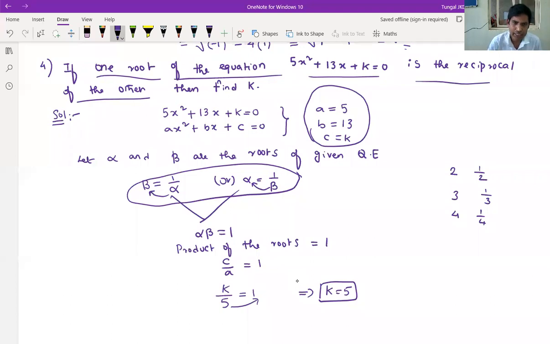Cross multiplied, we get alpha into beta is nothing but 1. Alpha into beta is the product of the roots only. What is the product of the roots formula? C by A, which is nothing but k by 5. So the k value, cross multiplied, will be 5. Understood everyone?